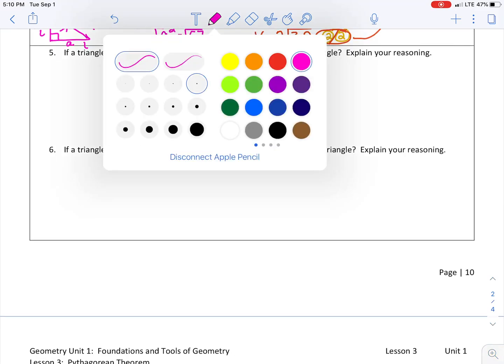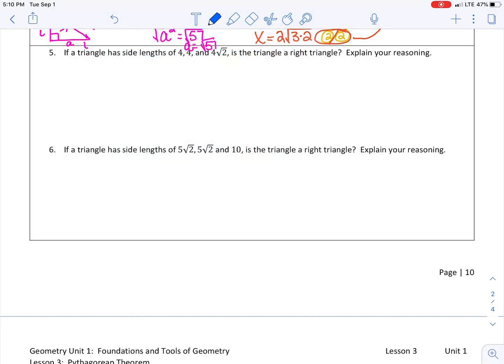So number 5. If we look at number 5, it's saying if we have a triangle and the triangle has side lengths of 4, 4, and 4 root 2. So I'm just going to draw my triangle. Actually, I probably shouldn't put that there yet because we don't know for sure if it is a right triangle.